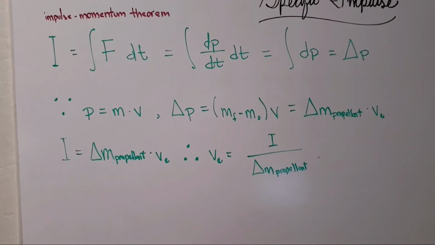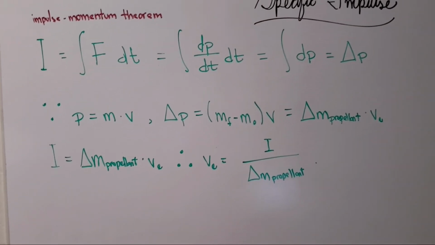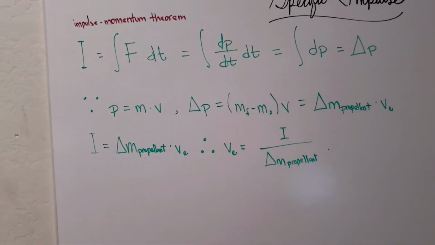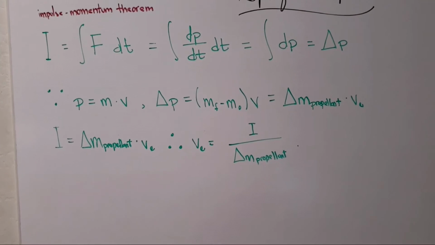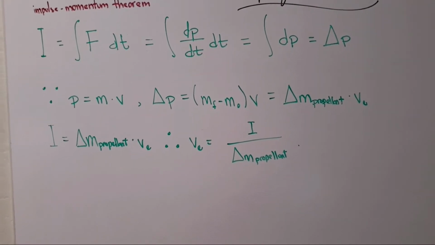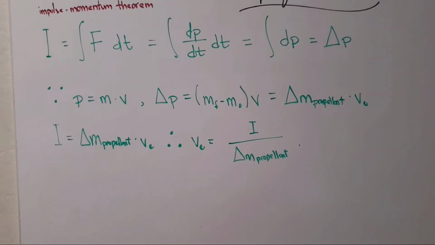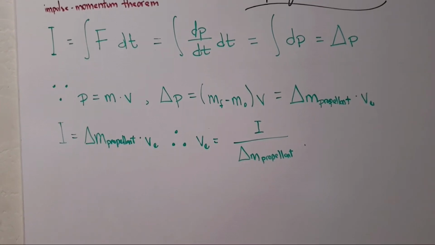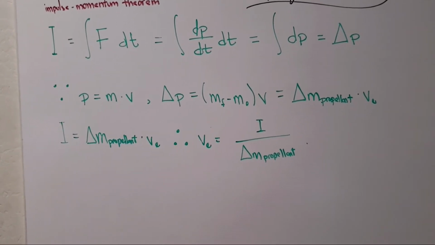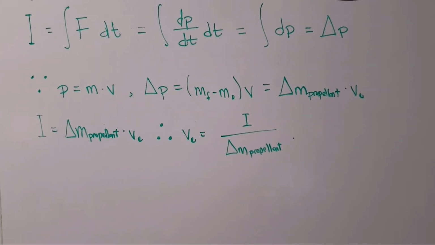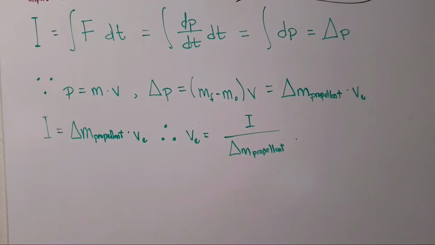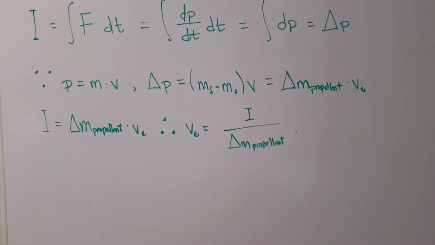Now in the previous video I did an explanation on the classical physics representation of momentum, which is mass times velocity, and I mentioned that velocity of the exhaust gases was constant because the fuel and oxidizer chemical reaction gives a certain partial pressure that will give a constant velocity.